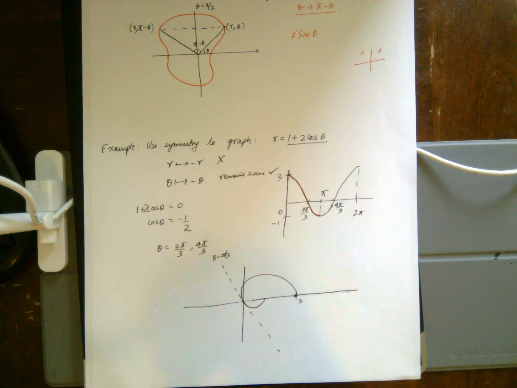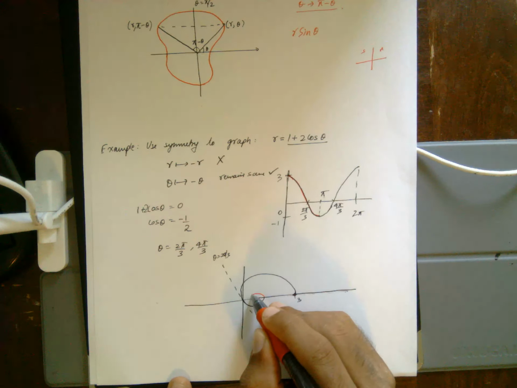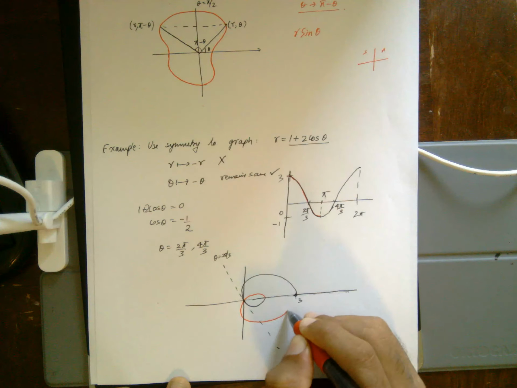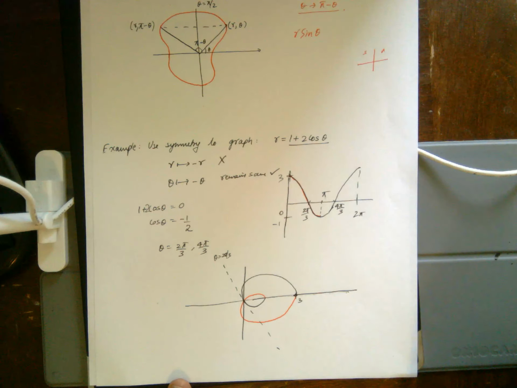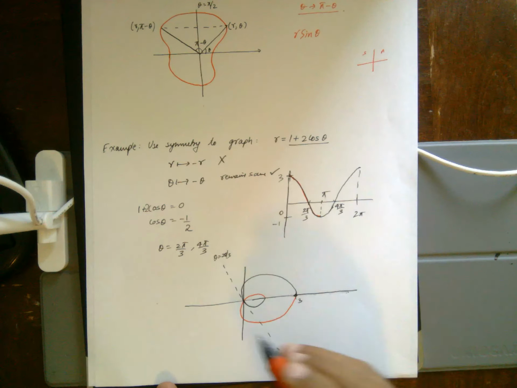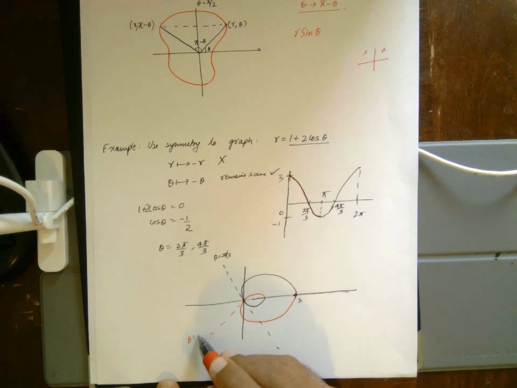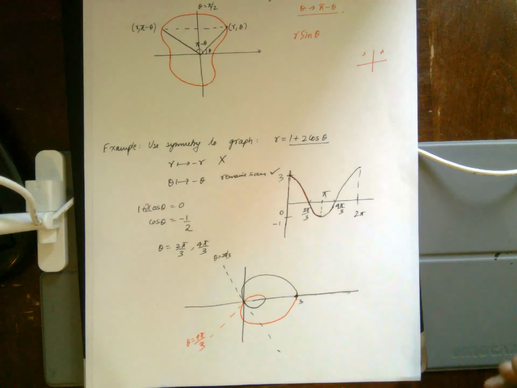So that's what it looks like from 0 to pi. And my symmetry argument says that the other half of this is just going to be a copy of it, where this here is exactly going to be 4 pi over 3, which is when it becomes 0 again.